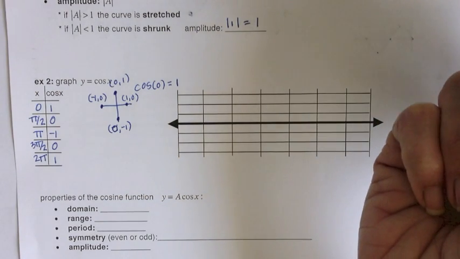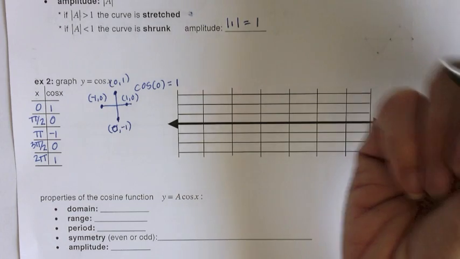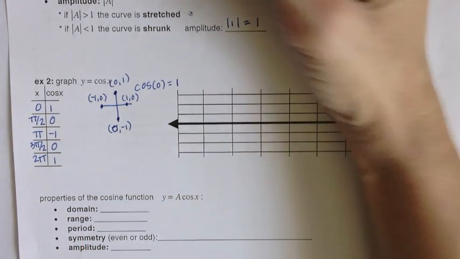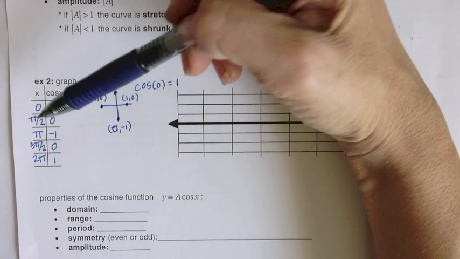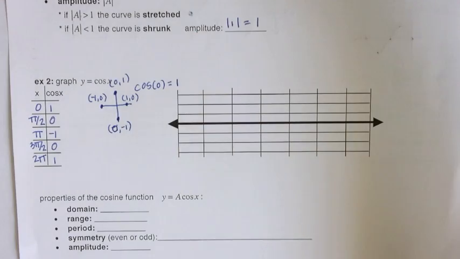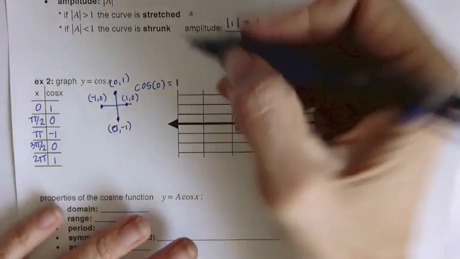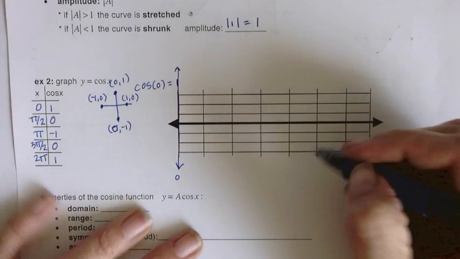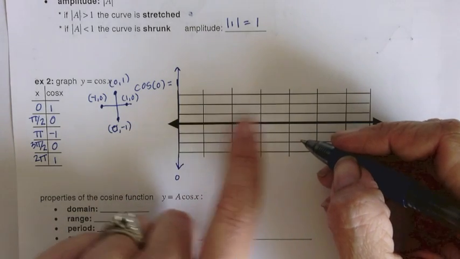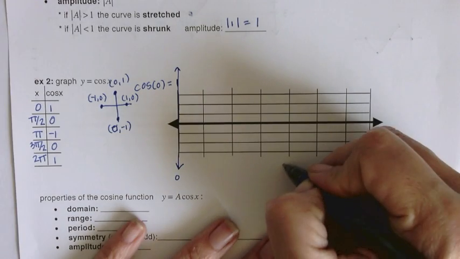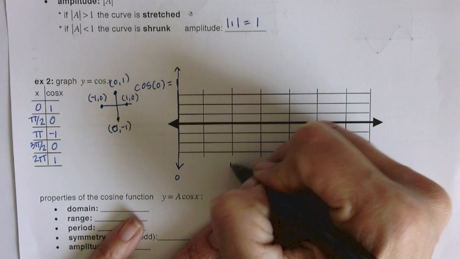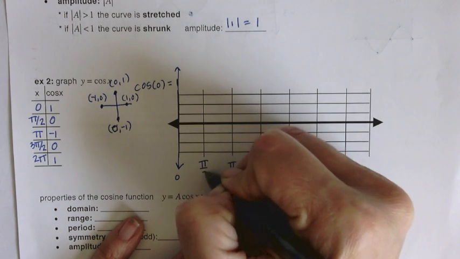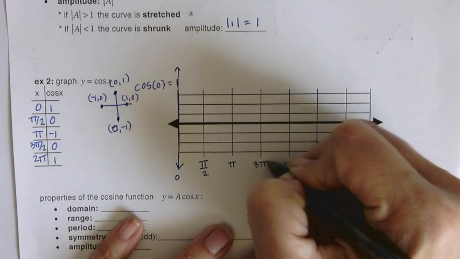So what you want to notice about cosine is that it's got the same 5 y values. It's still got the same y values. It's just shifted a little bit over. So when we graph it, 0, we're going to go out 1, 2, 3, 4. So that's pi over 2, pi, 3 pi over 2, 2 pi.